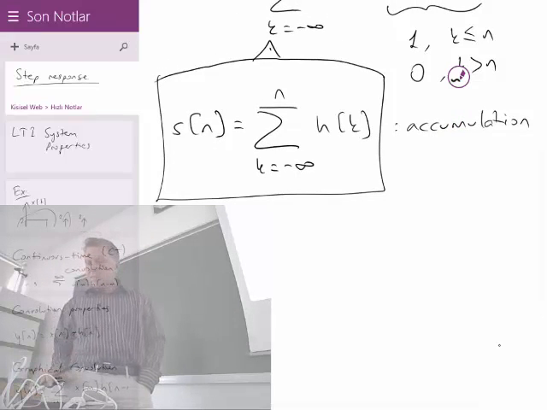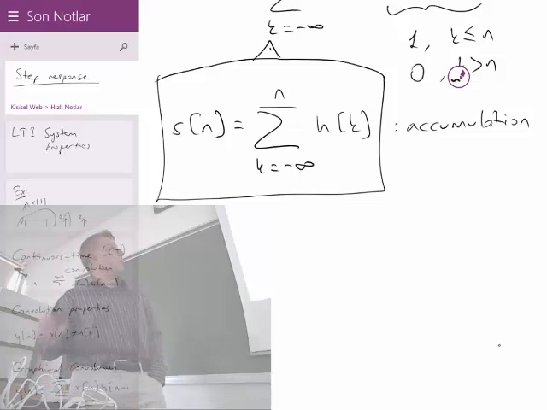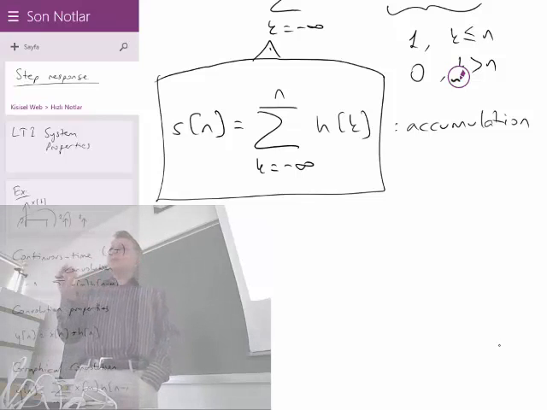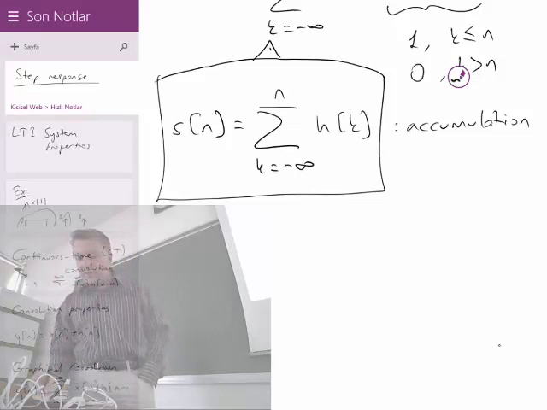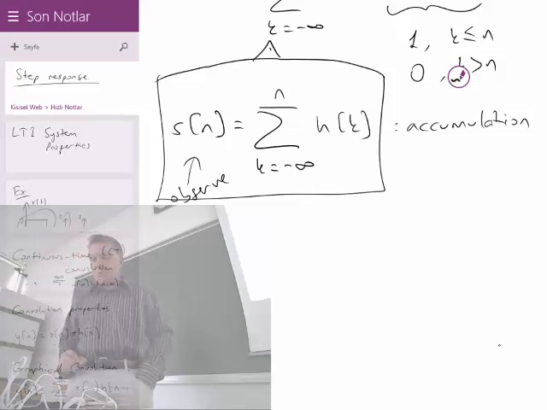Now this equation, the way that it represents the step response in terms of the impulse response, is easy to understand. But the reverse is also easy. It's not very difficult, but it's a secondary operation because that's what we are looking for. We want to measure the impulse response. We observe this. We make this observation.